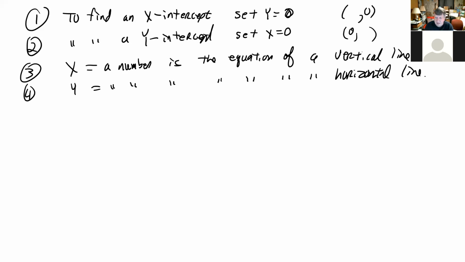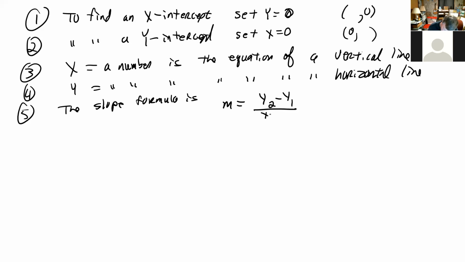Any questions about that? All right. The slope formula is m equals y sub 2 minus y sub 1 over x sub 2 minus x sub 1.